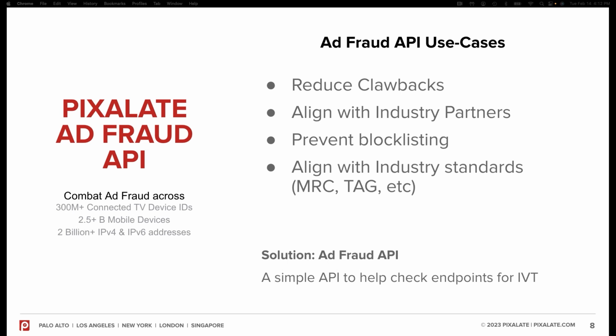So starting off with the ad fraud APIs, I want to give a quick overview of what we believe are the use cases that we'll be able to help with the ad fraud API. And again, we are completely aware that these may not be the only set of use cases that might be relevant to these APIs, and we are always happy to hear about more use cases.